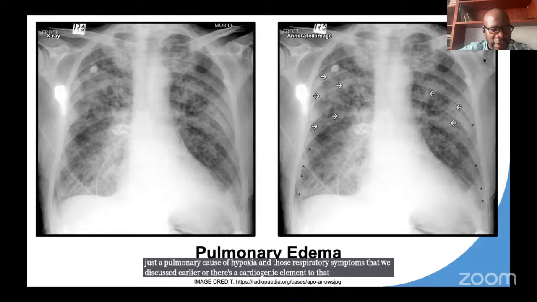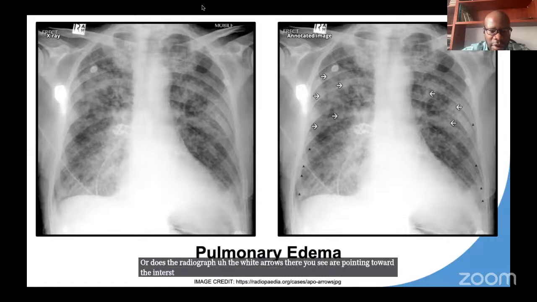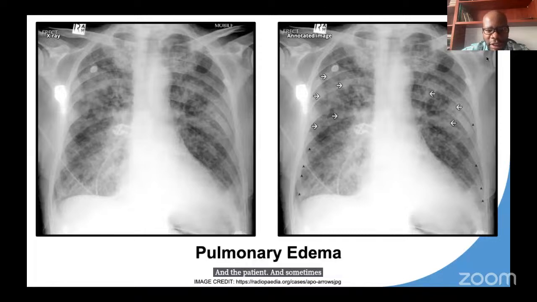So if you look at these radiographs, the white arrows are pointing towards interstitial edema in the patient. And sometimes you can see a bat-wing presentation on the chest x-ray.